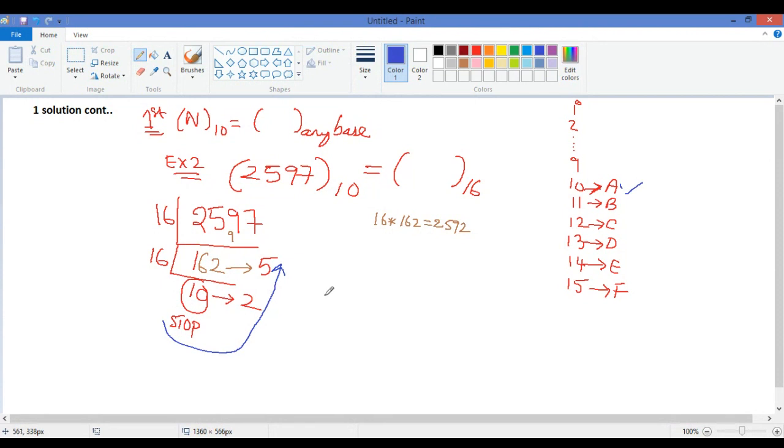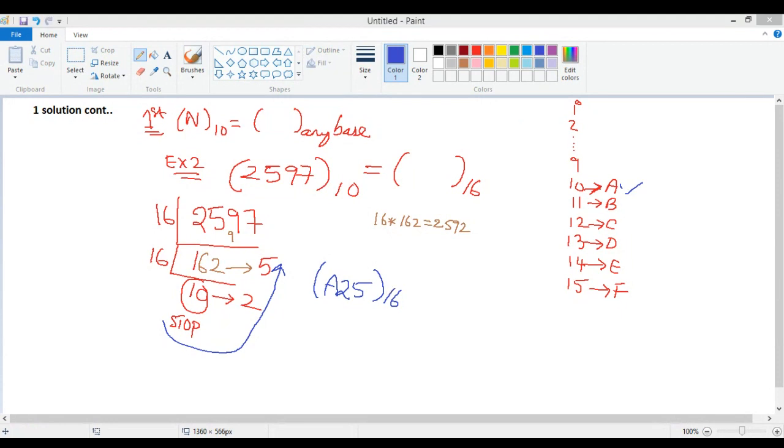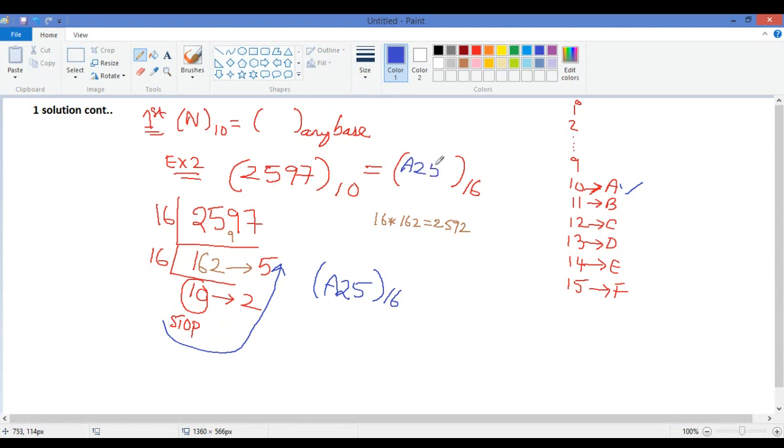So you got A, 2, 5. This is in base 16. So what is the answer here? You get A25, correct?